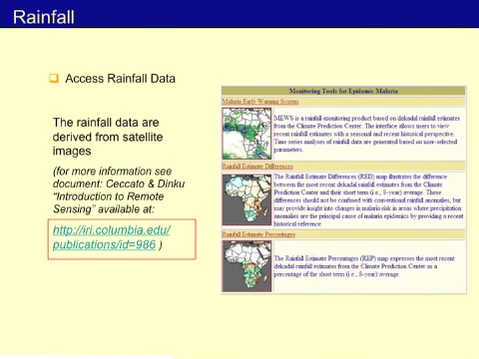We will first concentrate on the rainfall data. The rainfall data are derived from satellite images. More information on how the rainfall estimate products are created is available in the document Introduction to Remote Sensing by Ceccato and Dinku, available at the following URL.